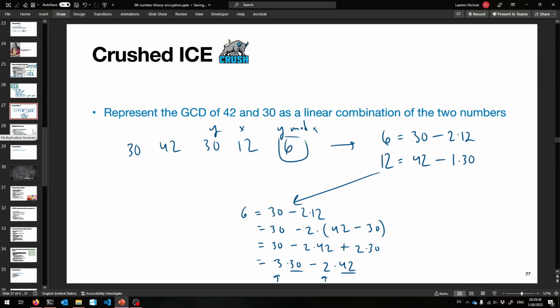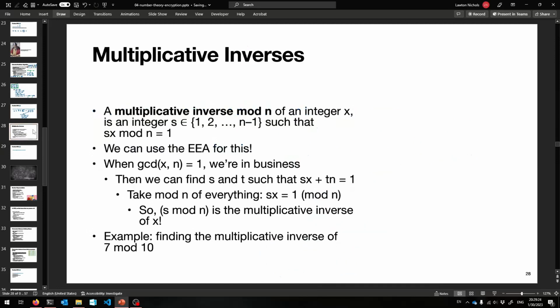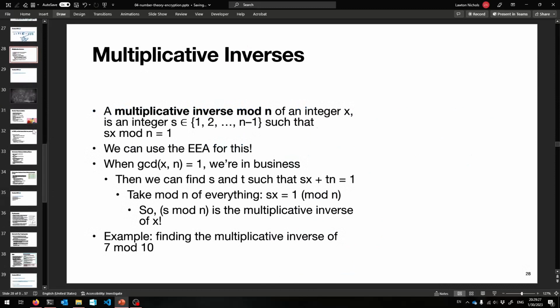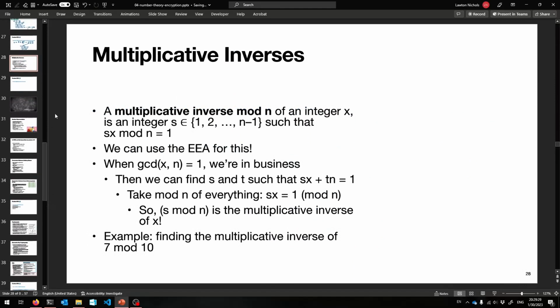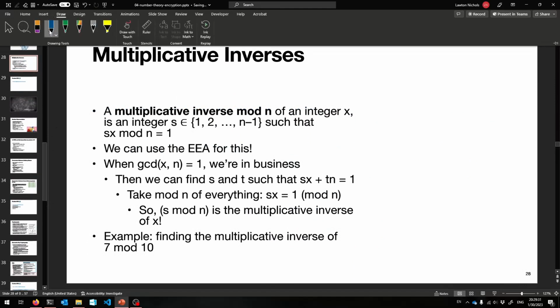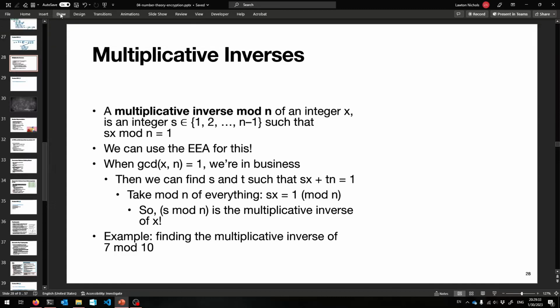All right, so let's see here. The next and final topic of the day is about multiplicative inverses. So I would like to teach you a little bit about those guys, multiplicative inverses. So a multiplicative inverse mod n, that's important, of some number is a number, right?